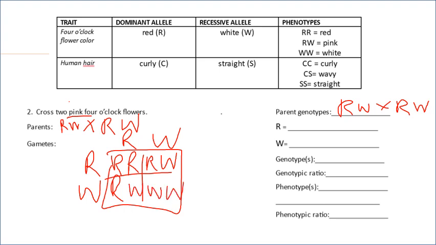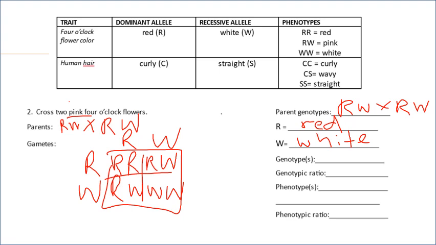And so when we look at this, R is still saying it's red and W is saying it's white. That's still true. But what are the possible genotypes that I have here?